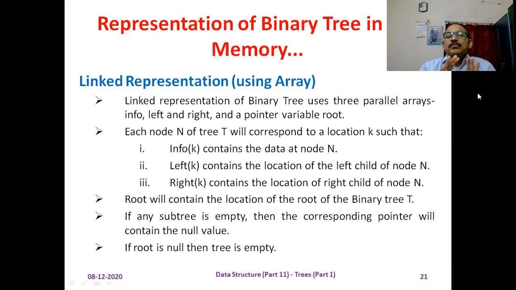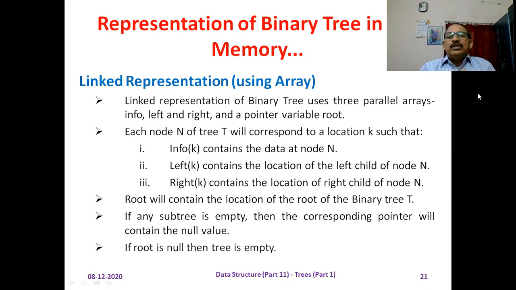In linked representation of a binary tree, we take the help of three arrays: info, left, and right, and one pointer variable root. Each node n of a tree will correspond to a location k such that info k contains the data at node n, left k contains the location of the left child of node n, and right k contains the location of the right child of node n.